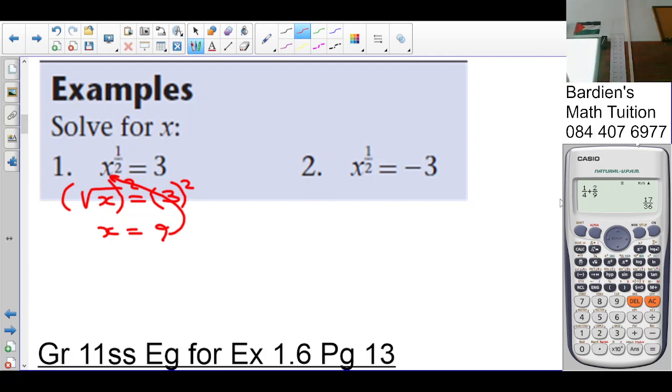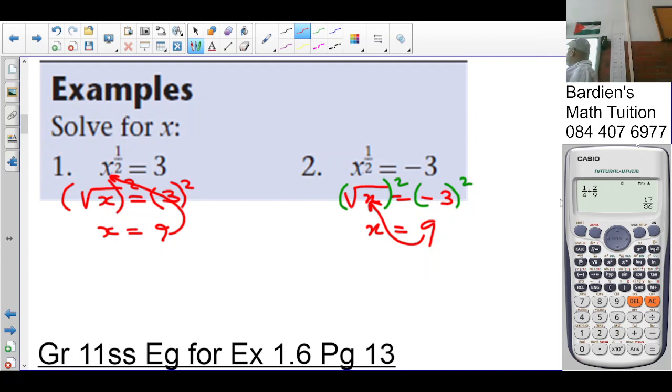Well, look here, however, the square root of x is equal to negative 3. What do I do here? Also square both sides. So that's going to give us 9. But what is the square root of 9? 3. But this gives you negative 3. So can this be correct?